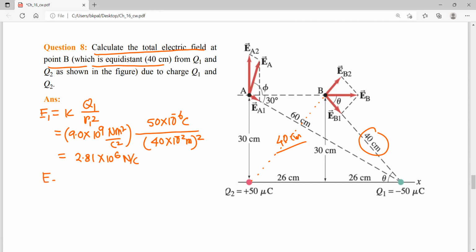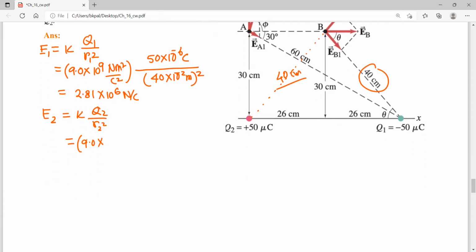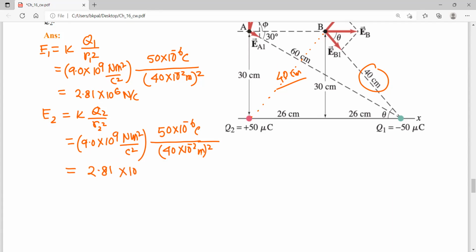Okay, E2 is kQ2 over R2 squared, and then the magnitude of Q2 is the same as Q1, so it is again 50 times 10 to the power minus 6. And R2 is also the same, so it will be 40 times 10 to the power minus 2 meters squared. Okay, so you see that it's basically the same magnitude.